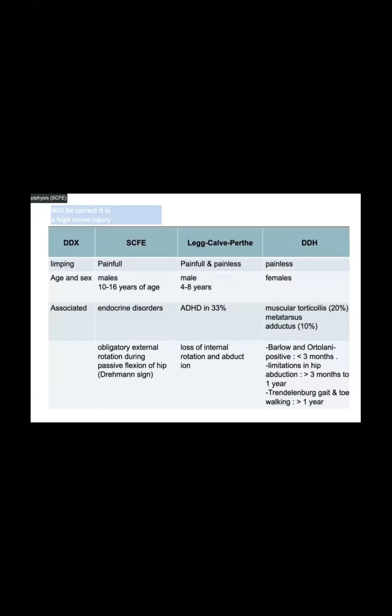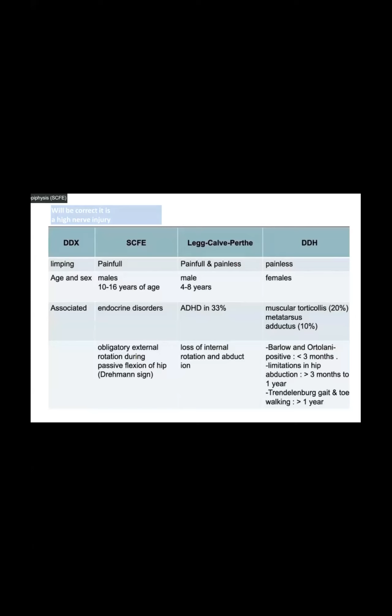Slipped capital femoral epiphysis is painful, at an age around 10 to 16 years, and associated with endocrine disorders. One point for the exam: obligatory external rotation, painful internal rotation with activity.